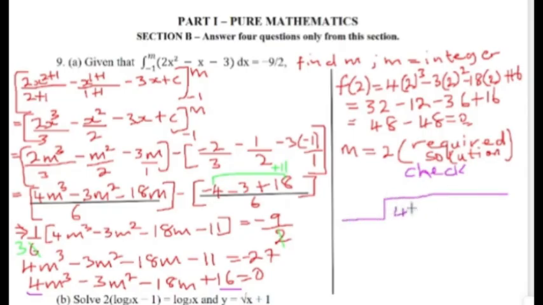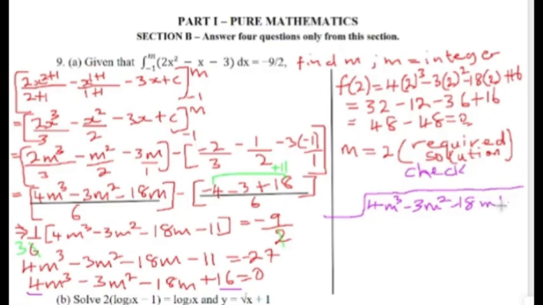So I have here 4m cubed minus 3m squared minus 18m plus 16. 2 is a factor, so we'll do m minus 2.